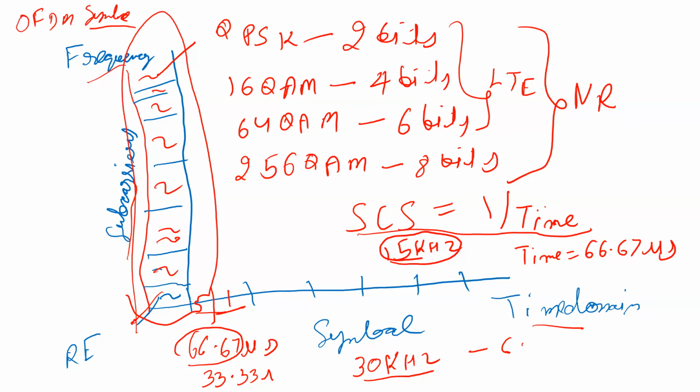It is like playing all chords of piano together. Some chords are high frequency, some chords are low frequency. So this is the high level concept of subcarriers, symbol time, and the OFDM signal.